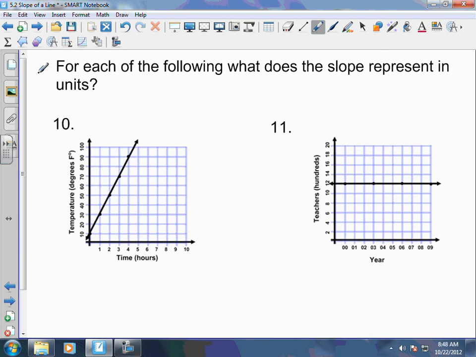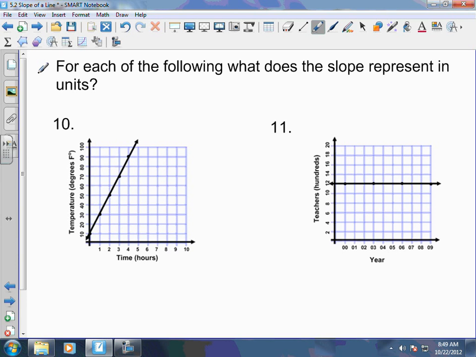So you look at the titles. What does the y-axis title tell me? Temperature. What does the x-axis tell me? Time in hours. So what's happening with the temperature and the hours? As the time increases, the temperature also increases.